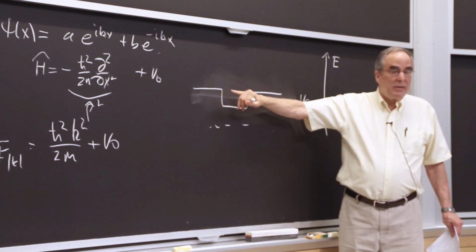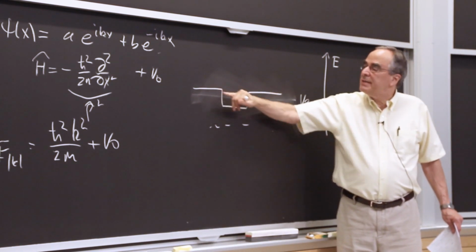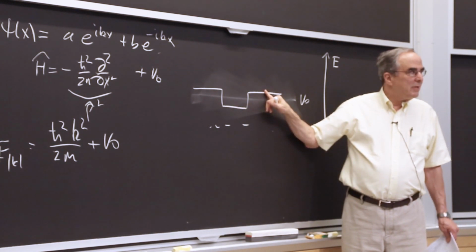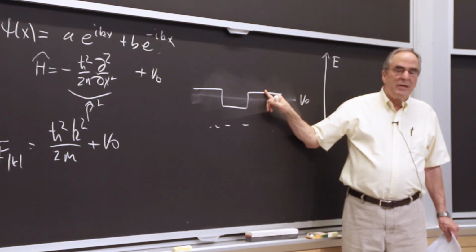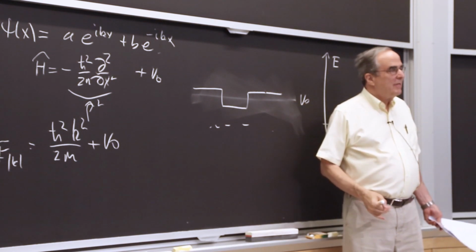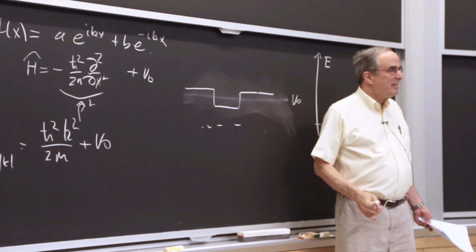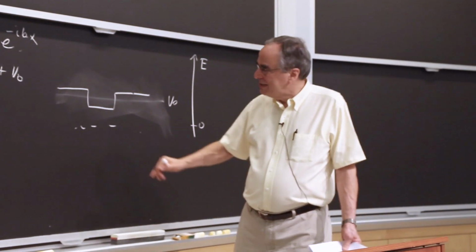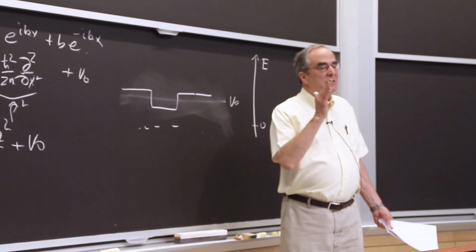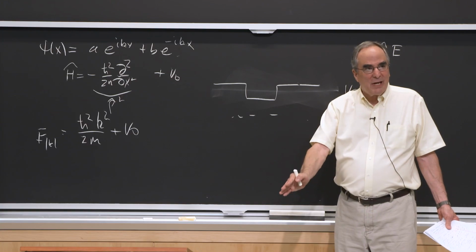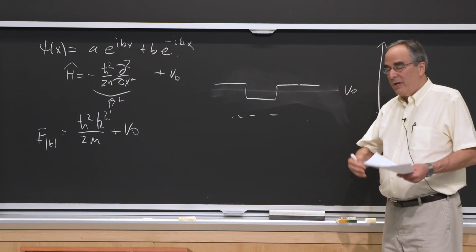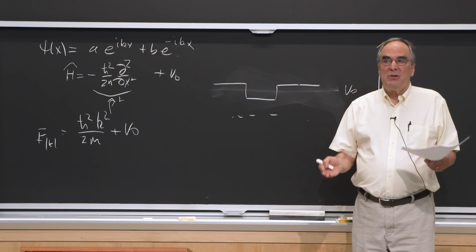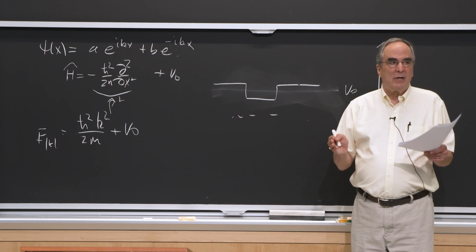The potential is constant piecewise. And so what do you do? Yes. Break up the wave function into pieces for each of the different boundaries? Yes, that's exactly right. You do want to break it up. But one of the things I'm stressing here is that you want to be able to draw cartoons.